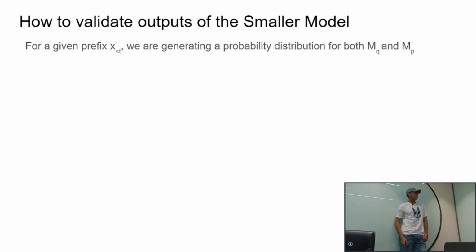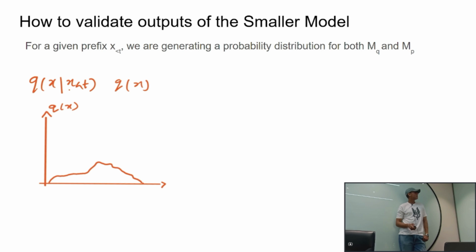When we give the model a prefix, which is some text input, and we give the same input to both the models, the smaller model will generate a conditional probability distribution, q of x. For simplicity, we'll call it q of x. And this is what that probability distribution looks like.